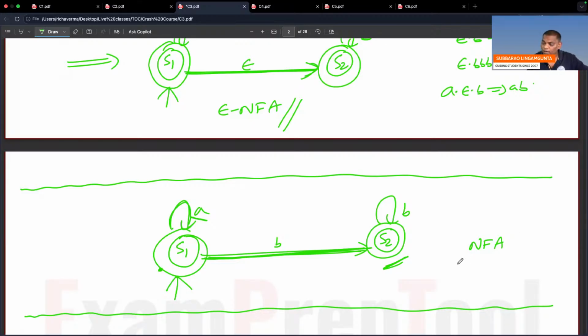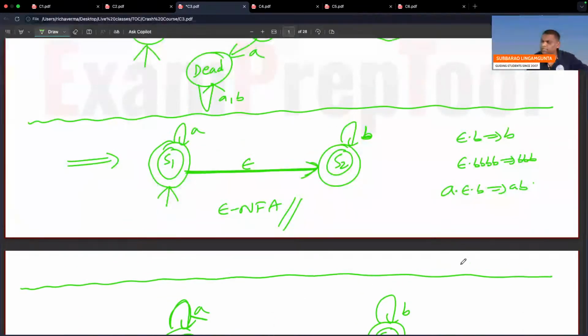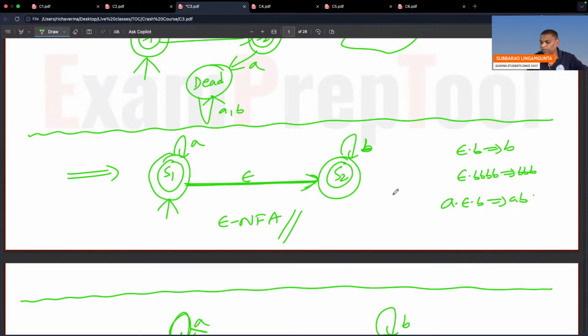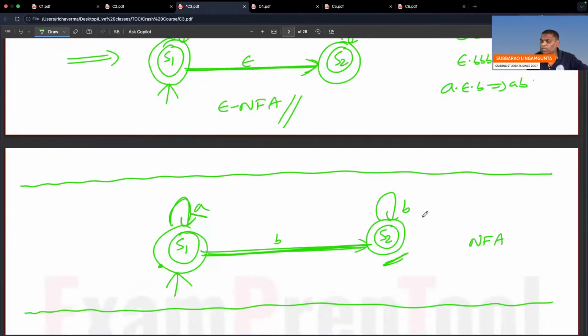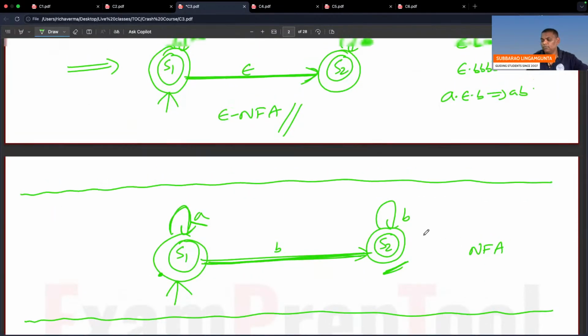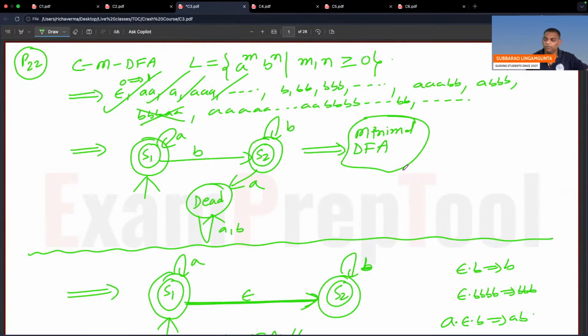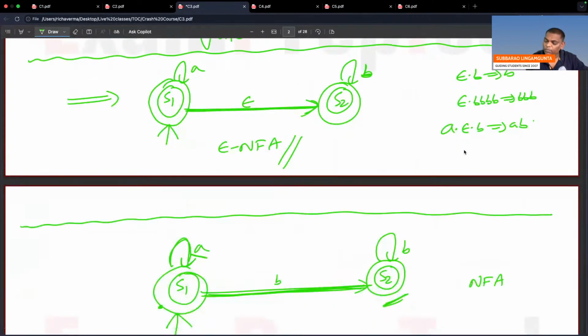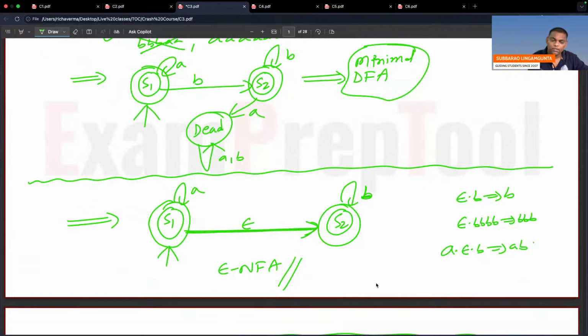So remember, easy construction is easy construction. Epsilon NFA. Next, a little more easy, this. Very difficult, this. Let me say once. It is very easy. I am using different colors. It is easy.